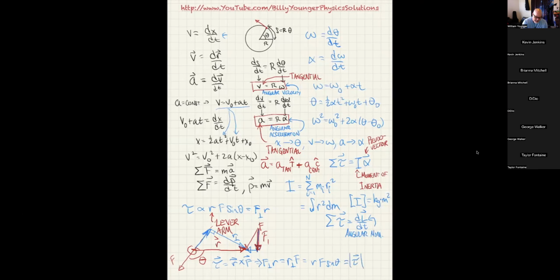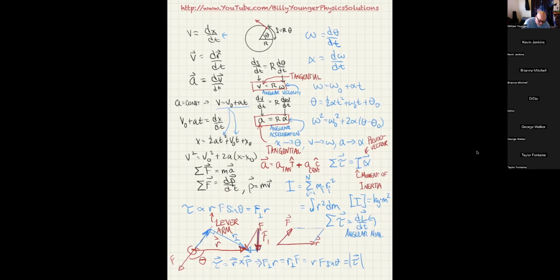Okay. Now, just for completeness, I want to point this out to you, and hopefully you already knew it from your trig part of pre-calculus. If you had F here and you had R here, then you can actually create a parallelogram like this.